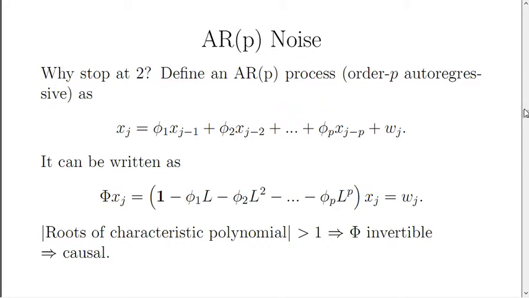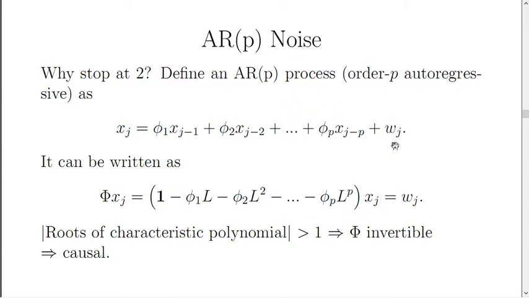Why stop at 2? We can define an AR(P) process, an order P autoregressive process, as a given value is some constant times the previous value, plus some different constant times the 2 times previous value, etc., all the way up to some other constant times the P previous value data.